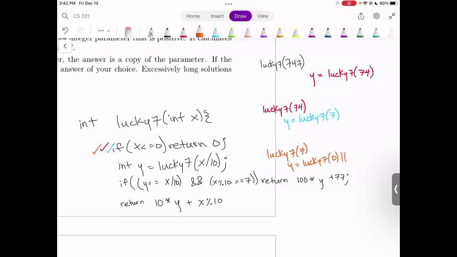And now this is our base case already. That's our base case. When x is 0, we return 0. Okay. So now we look at this one, right? Because that's how recursion works. You break it down going downwards, and then you solve plugging back up.